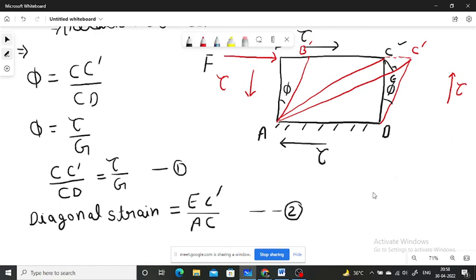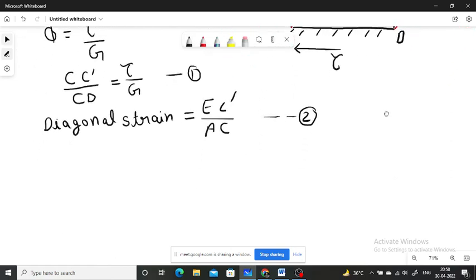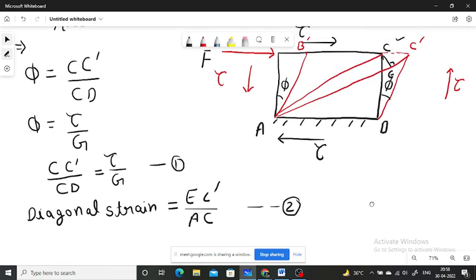Now here the change in dimension is very small, so this angle and this angle are equal. In a cube or in a square, this angle will be equal to 45 degrees. So this angle is also equal to 45 degrees.